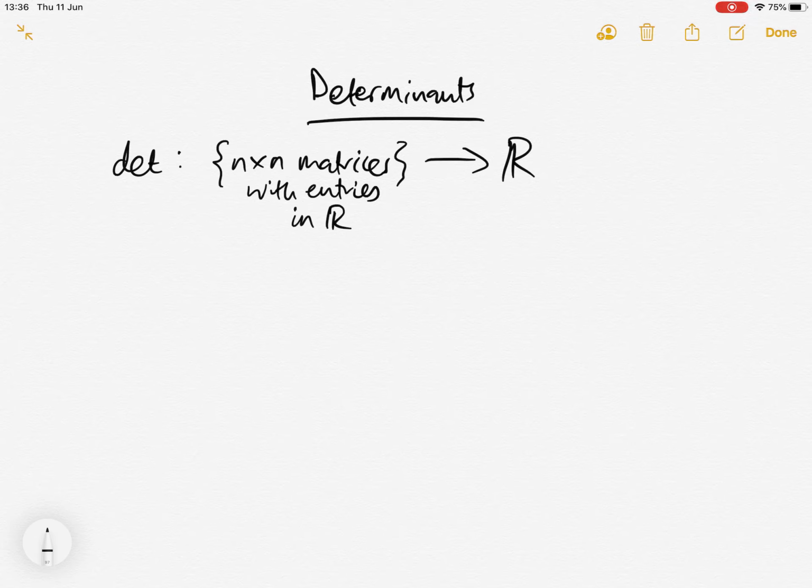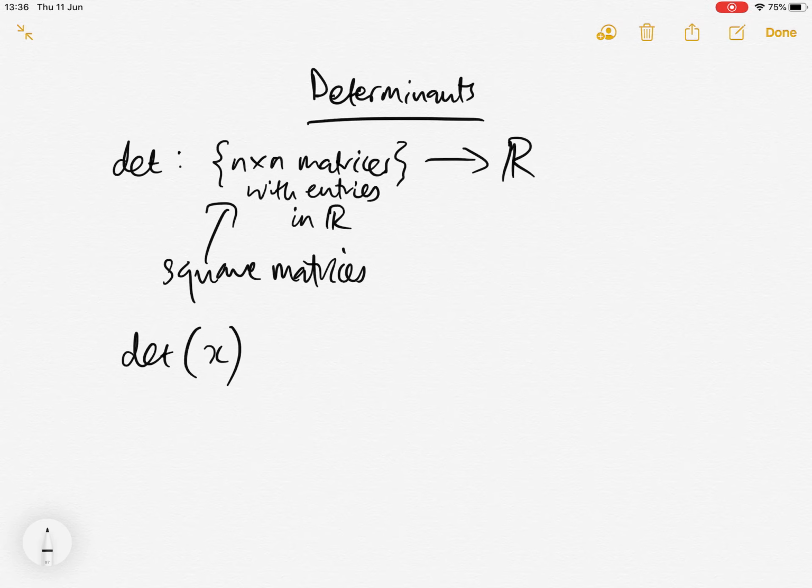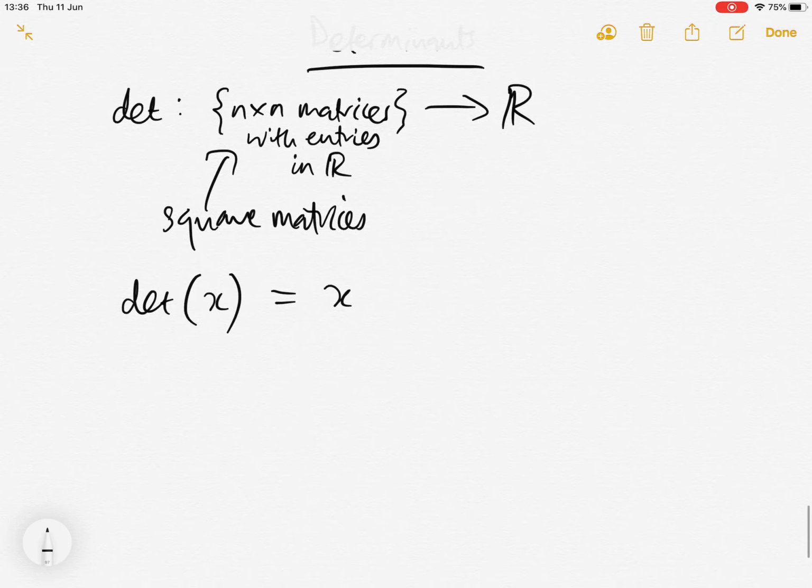This is a set of square matrices; it's not defined for other kinds of matrices. The determinant of a 1-by-1 matrix is just the number that's in the matrix. So the determinant of any 1-by-1 matrix with one entry x is just x.